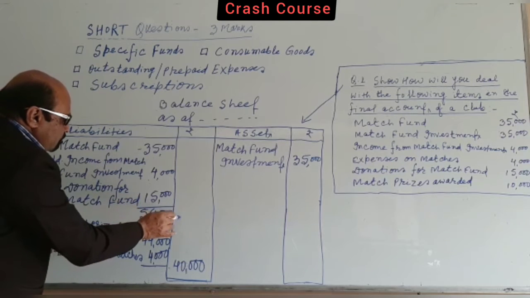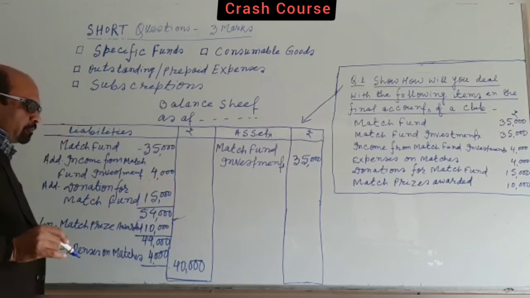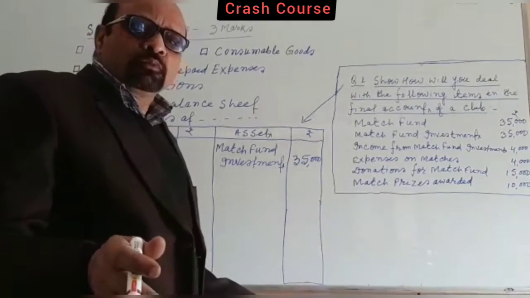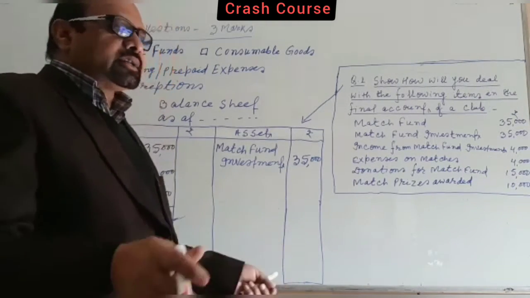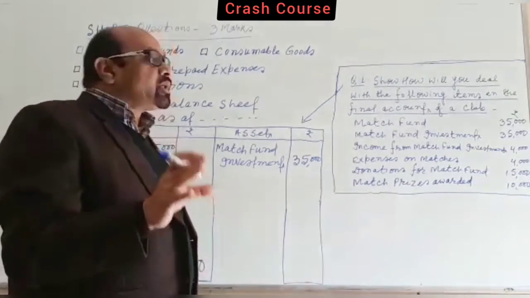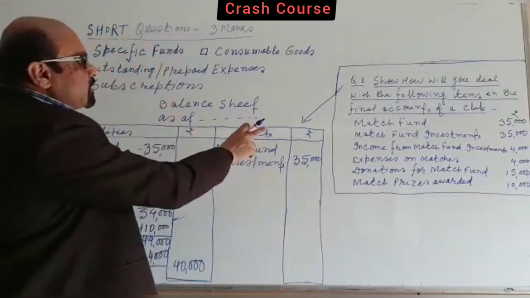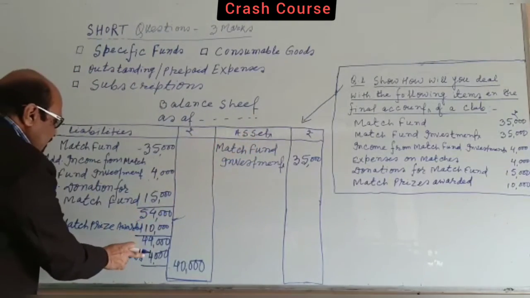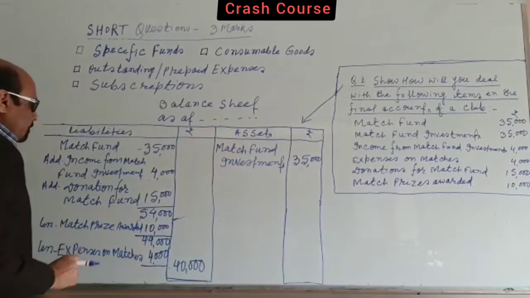So total is 35 plus 4 plus 15. Total amount is 54,000. Now from there, whatever may be the expenses which were incurred, we deduct it to find out what is the actual balance in the fund. So see, expenses on match, how much? 4,000 is given. So we deduct this amount.